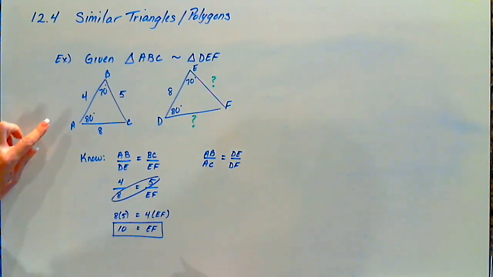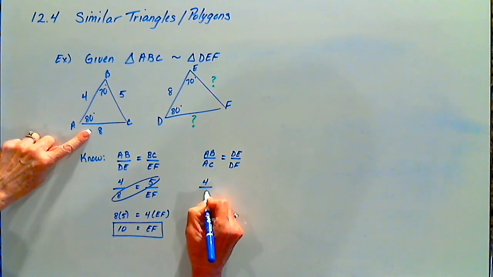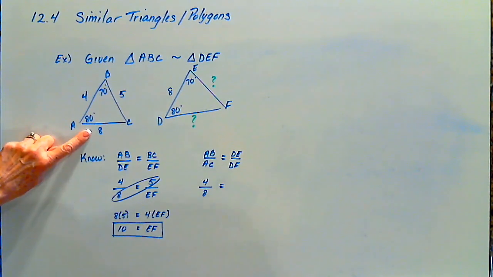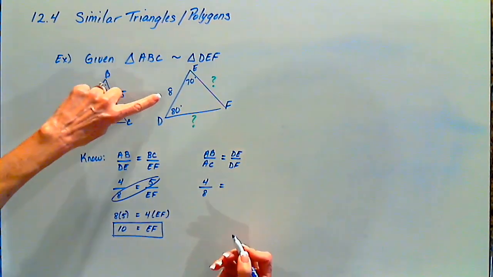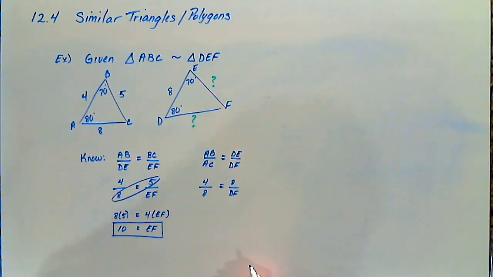Filling in what we know, AB is 4, AC is 8, DE is 8, and we're looking for side DF.